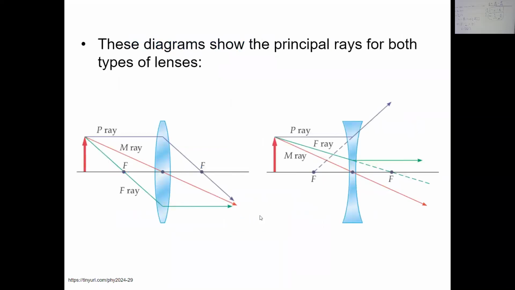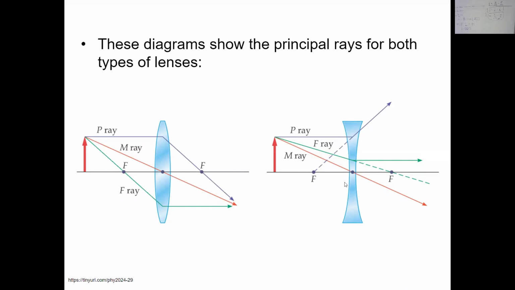All right, let's take a look at the ray diagrams for the three principal rays here. In this case, the P ray, a parallel ray, will hit the lens and then enter the other side of the lens going through the focal point. The midpoint ray will go right through. The focal ray will hit the lens and then refract, in this case parallel to the center axis.